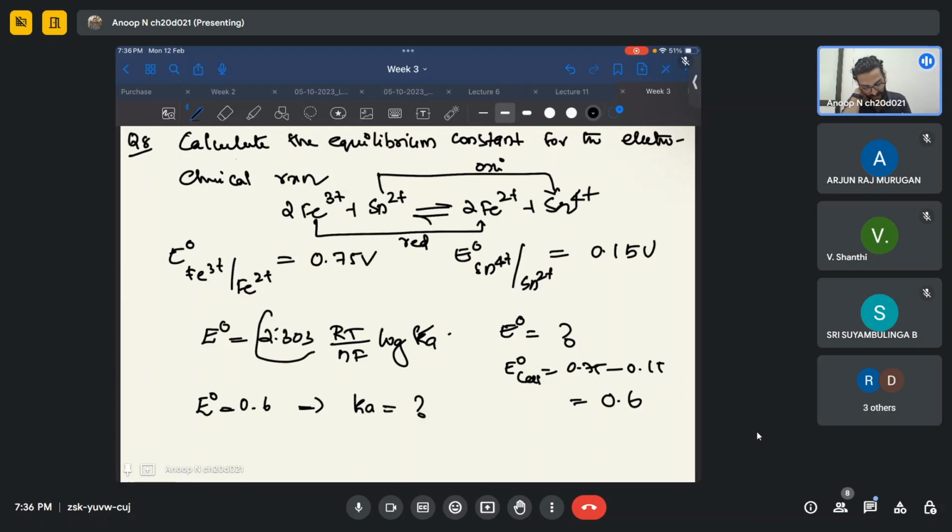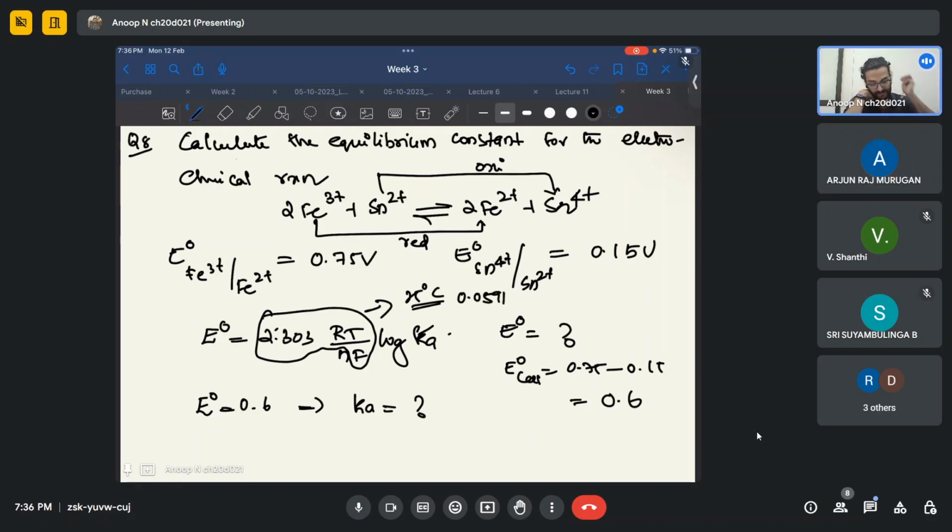So E0 is equal to 0.6, and I can write K is equal to what? What is the value of this portion at standard state, that is 25 degrees centigrade? It is 0.0591.